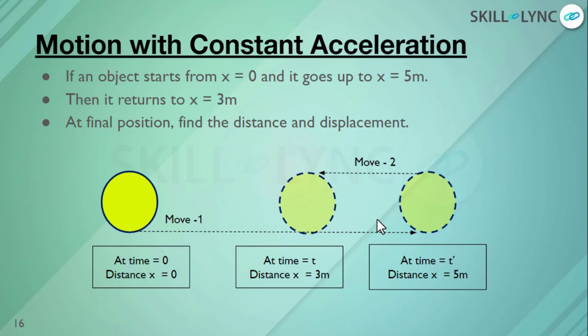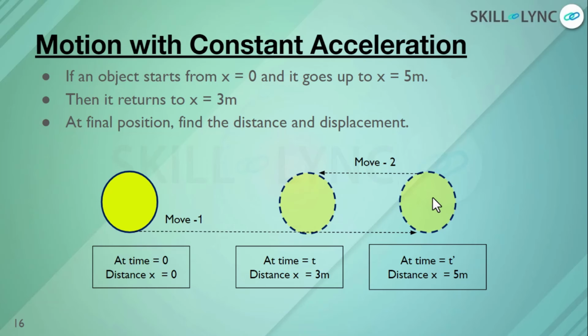All the motions would be done on a straight path, but in different directions. Movement 1 would be in the positive direction. Movement 2 would be in the negative direction. As we can see, at movement 1, the ball moves from x equals 0 to x equals 5 meters. Thus, the distance traveled at movement 1 is 5 meters.